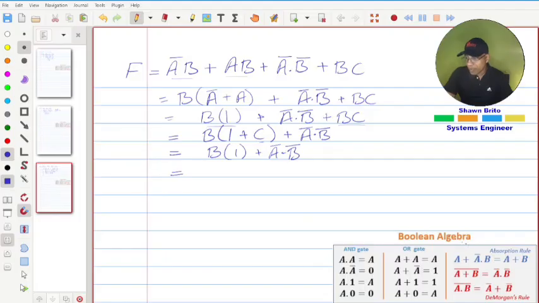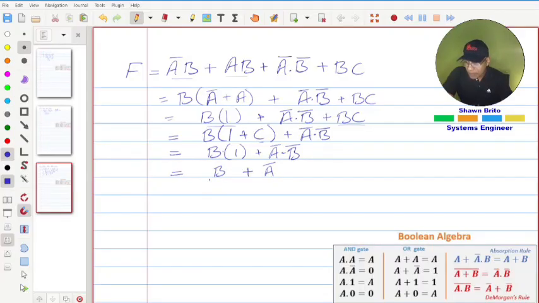So this expression here is going to become b. We can ignore the 1 because b multiplied by 1 is still b, plus a bar b bar. What's going to disappear is this b bar, and what you are left with is a bar.